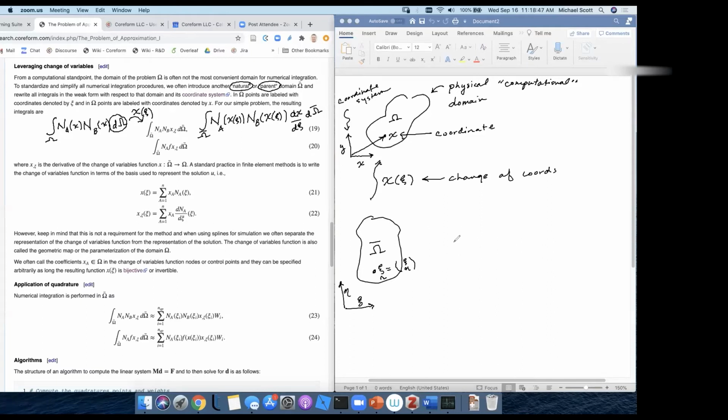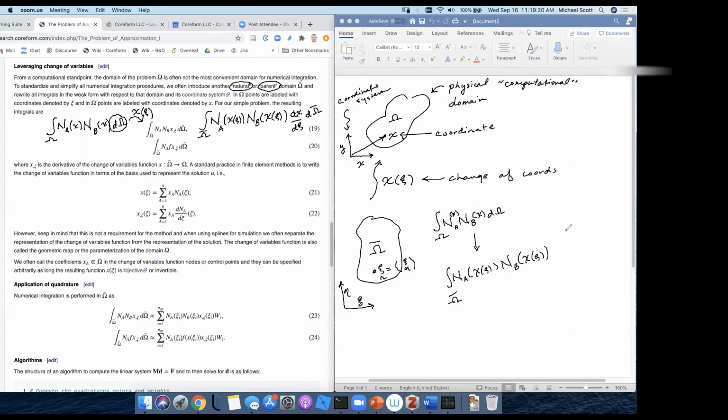Okay, so we have an integral now that goes, like I say, from omega, n a n b functions of x d omega, to a new integral over omega bar, n a x of xc and b x of xc.